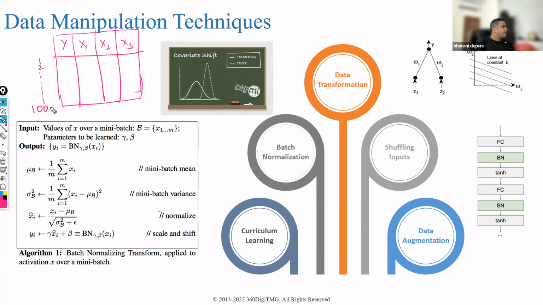Assume that you have chosen a batch size value of 100. If the batch size is 100, 1 to 100 will be one batch, 101 to 200 another batch, 201 to 300 another batch, and so on. You'll have different batches of data. Take this batch.